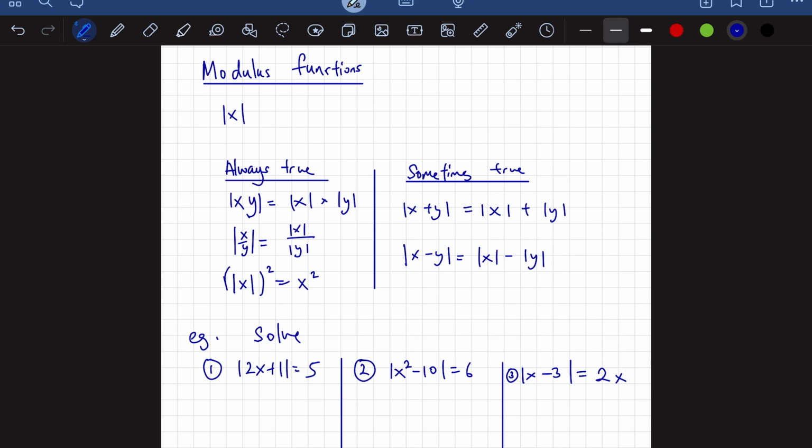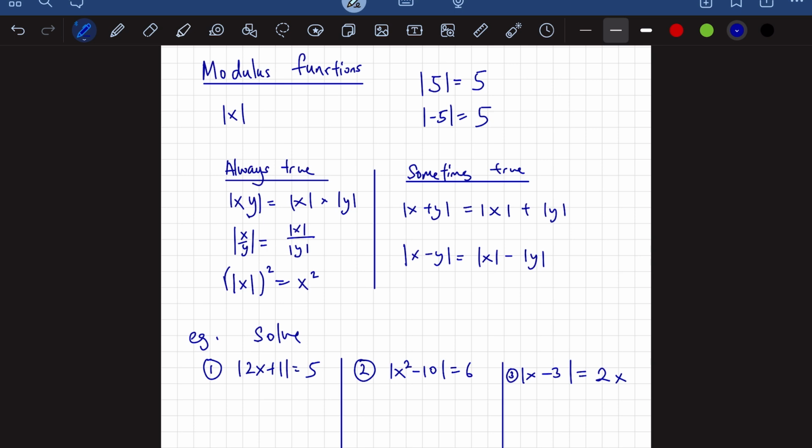If I find the modulus of 5, it is just 5. In fact, if we say what is the modulus of minus 5, it's 5 as well. So it's very important to note that the modulus of any number, whether positive or negative, will always be a positive number.